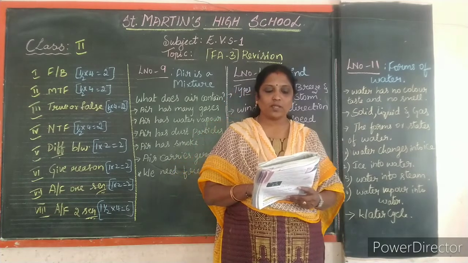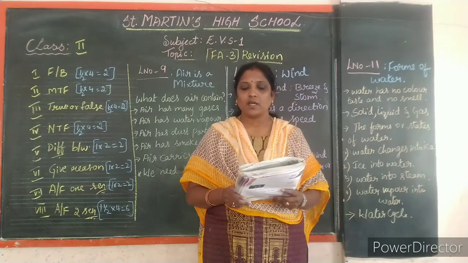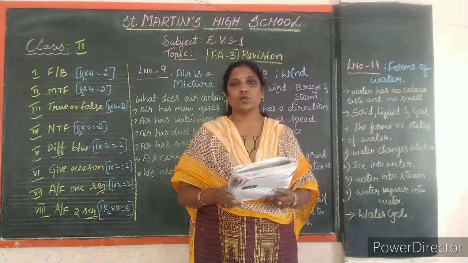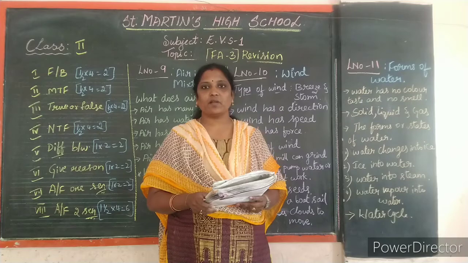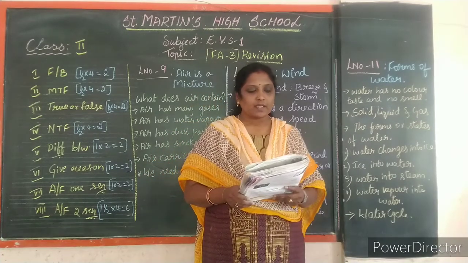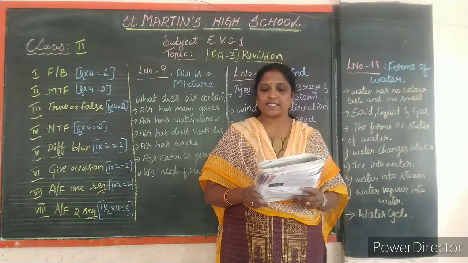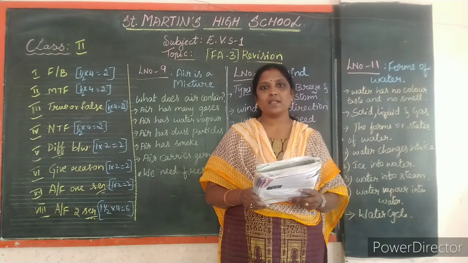In cooler places, the water droplets in the clouds come down in the form of snow. Here we get rainfall, but in some places it gets snowfall also. Thus the water is returned to rivers, lakes and sea in the form of rain and snow.